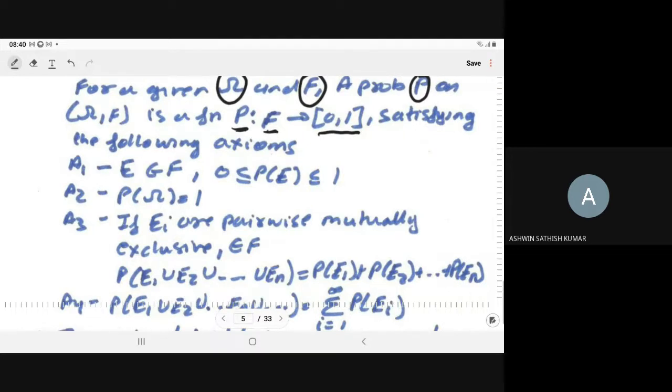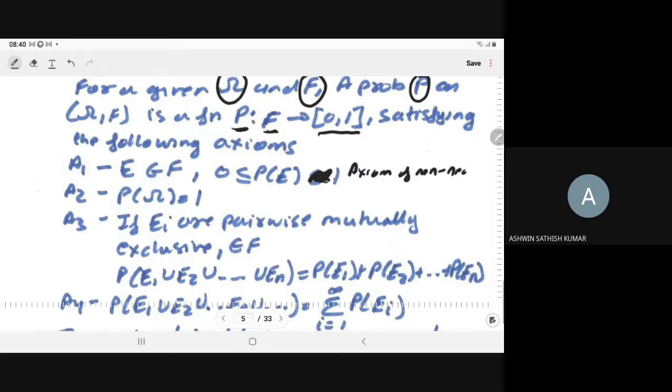The first axiom: if E belongs to F, then the probability of E lies between 0 and 1. Not exactly between 0 and 1, you just say the probability of E is greater than or equal to 0. That is the axiom of non-negativity.